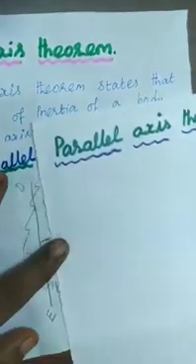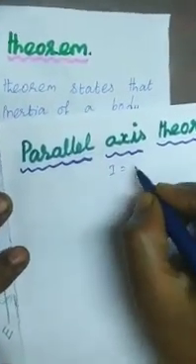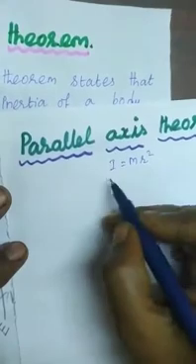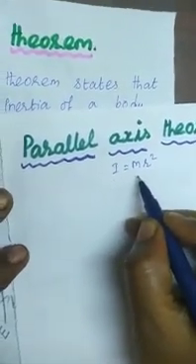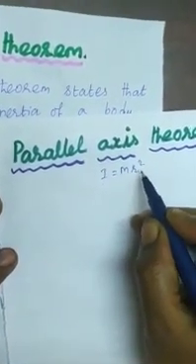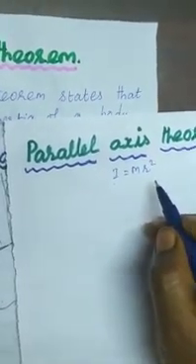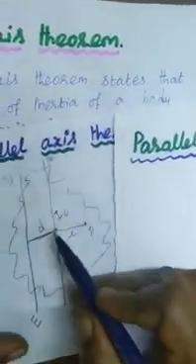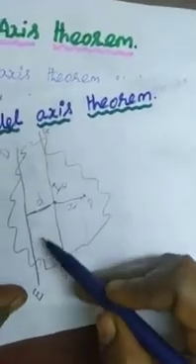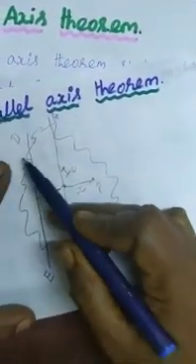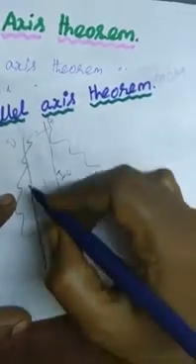Now we know the common formula for moment of inertia. I is equal to M R squared. Here I is the moment of inertia, M is the mass of the object and R squared is the square of the distance.